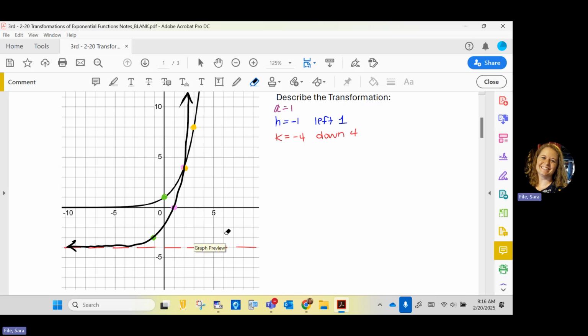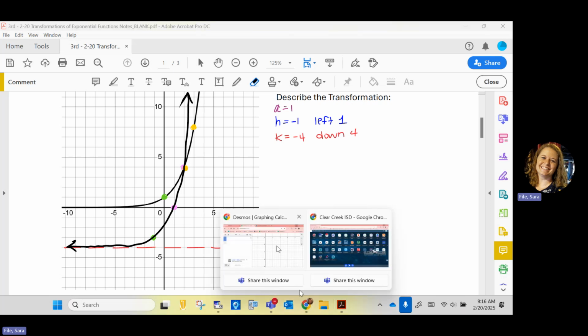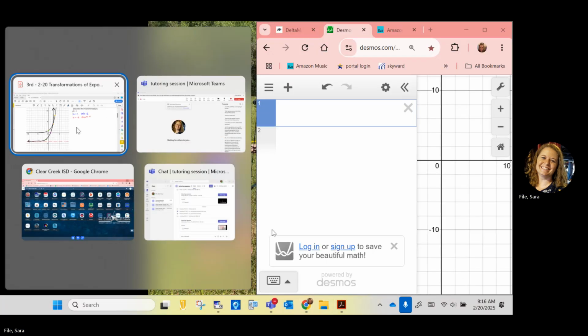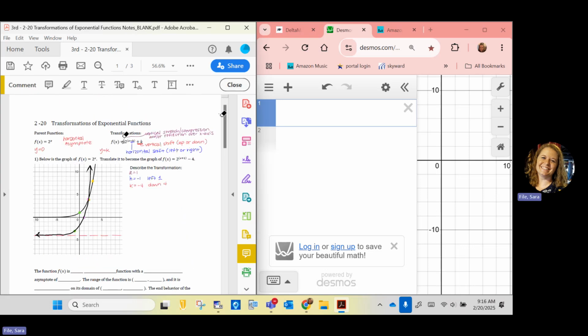Now we talked about yesterday, you can use Desmos to help you get points. So if you are not confident that you did the transformation description accurately, or transforming the points or picking the points and where they should go, just go to Desmos and type in your equation.